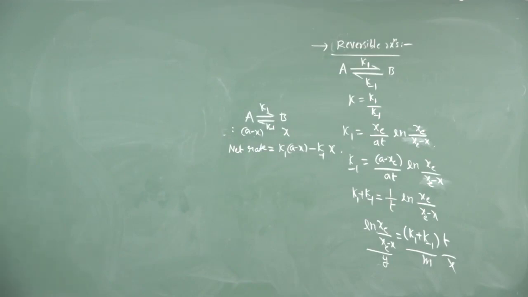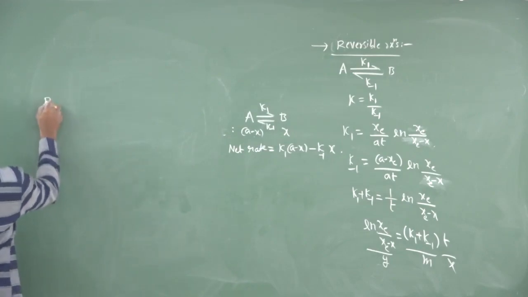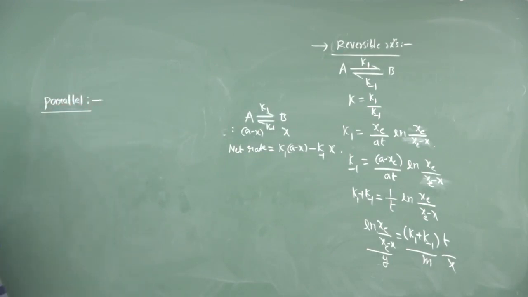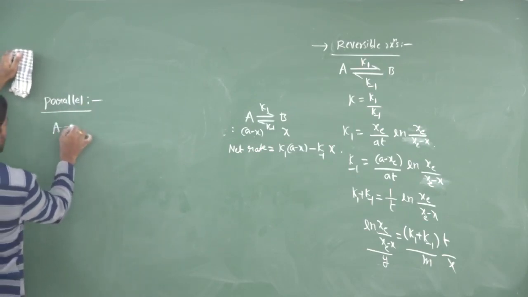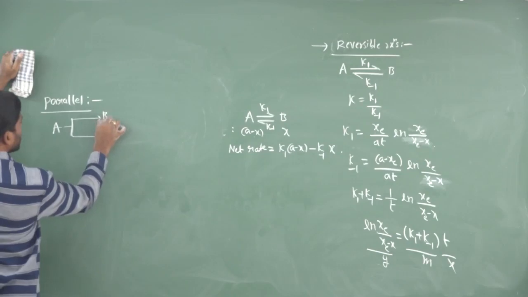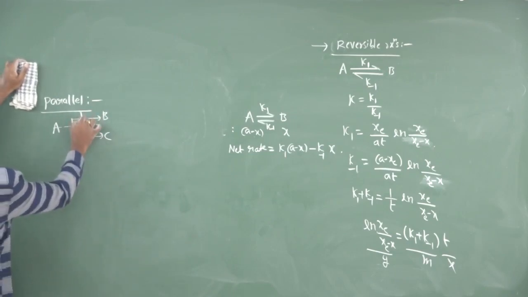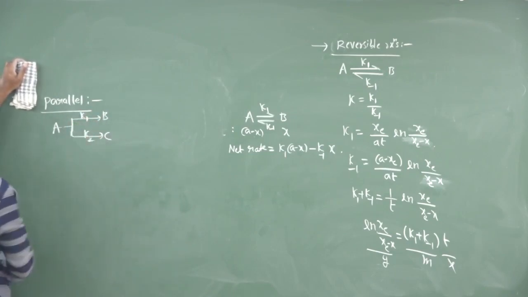Next, parallel or simultaneous reactions, or competitive reactions. Okay, if A simultaneously undergoes two types of reactions to give B and C, rate constant for this K1, rate constant for this K2.